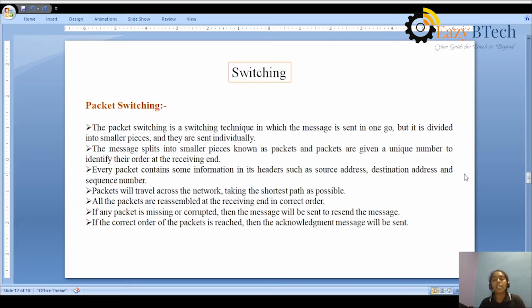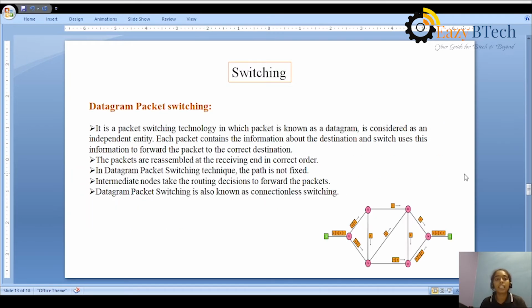Packet switching uses two different approaches: datagram packet switching and virtual circuit packet switching. Mostly we use datagram packet switching nowadays. Let us see what is meant by it. In this type, each packet is considered a datagram.